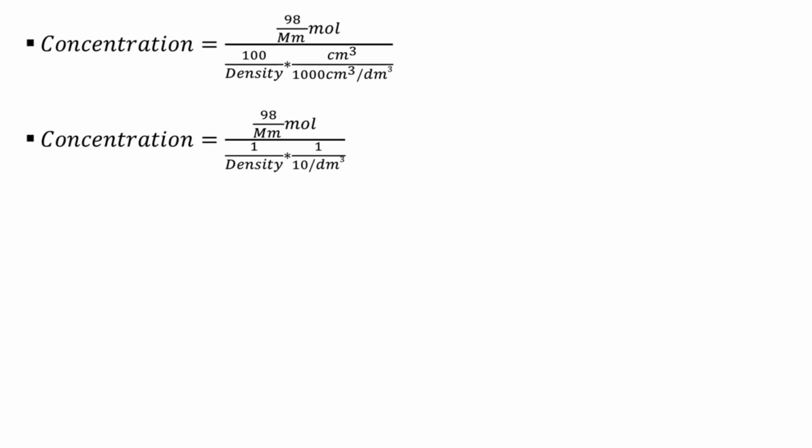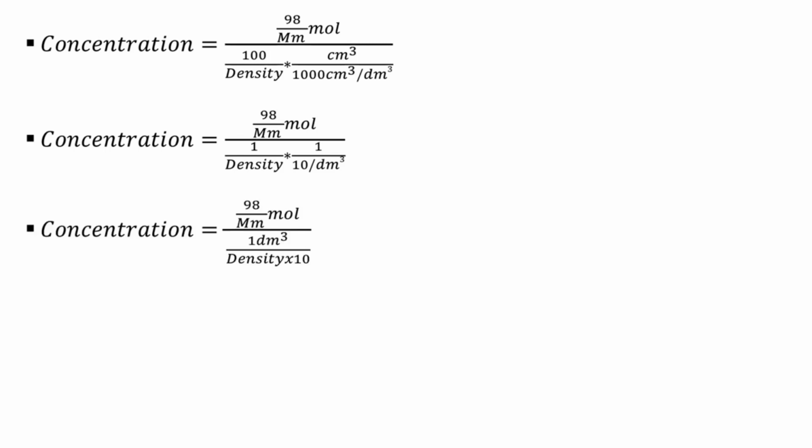Then the units are going to cancel. We cancel centimeter cube, so we are remaining with mole per decimeter cube or mole per liter, which is molarity. Of course, if you cancel 100 and 1,000, we remain with 10. So that is the 10 that you see in the formula.